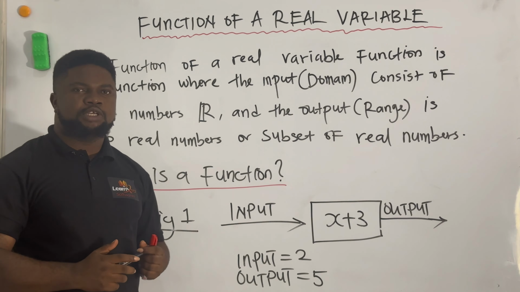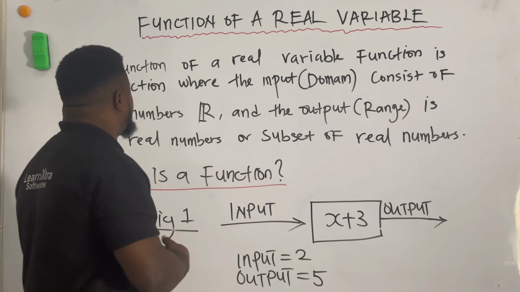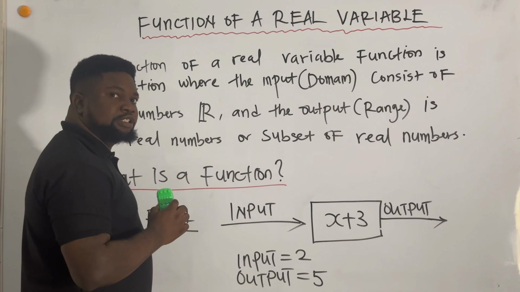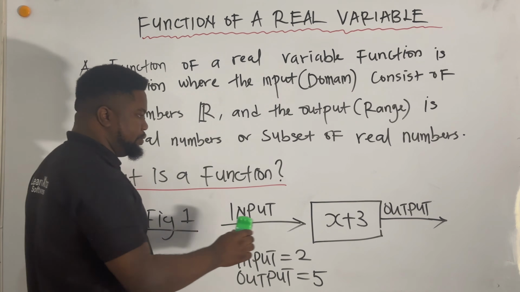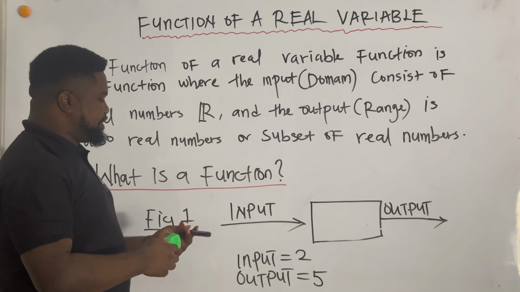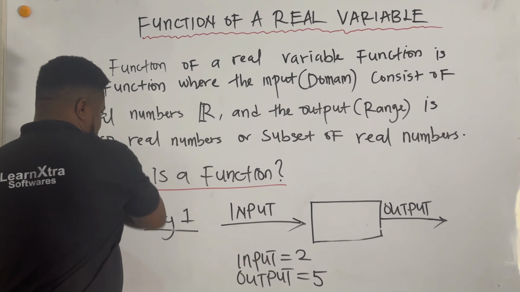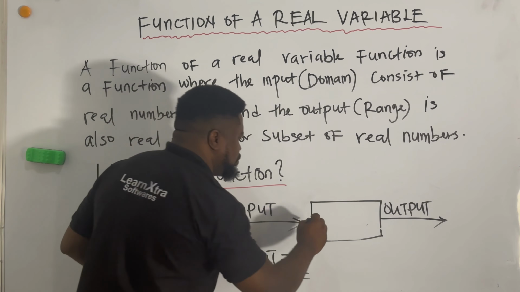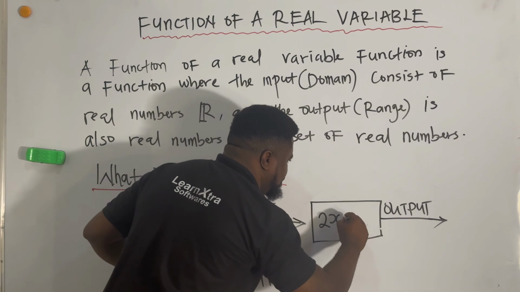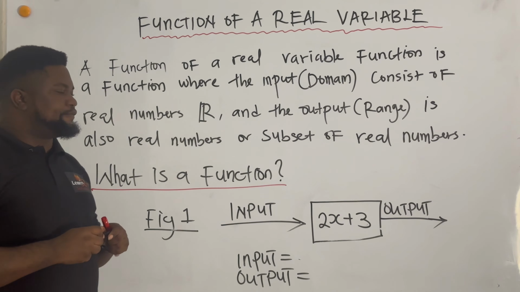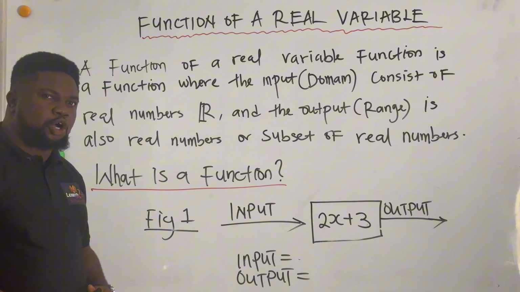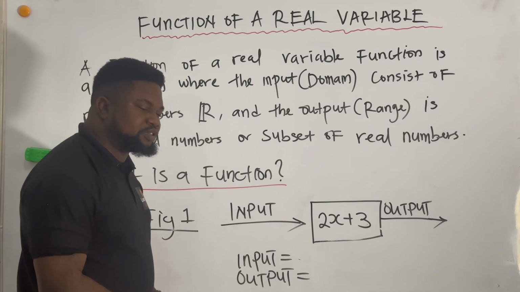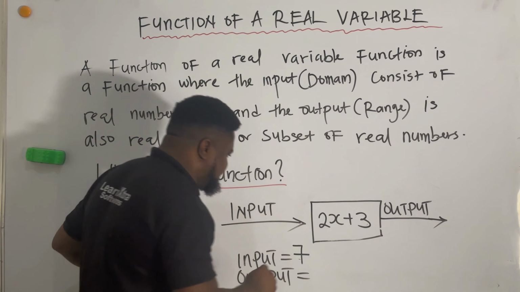If I give you another function, I can change the rule now. If I click here and give you another rule, I also clean my input and my output. If I give you 2x plus 3 as my function, now tell me, what do you think will be the output if the input is 7?